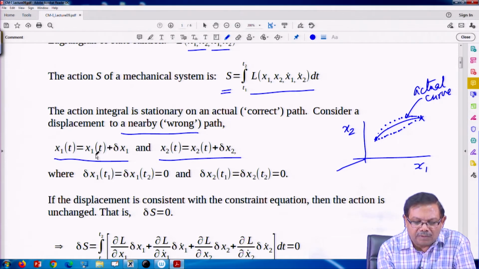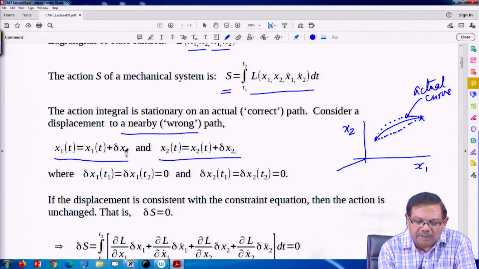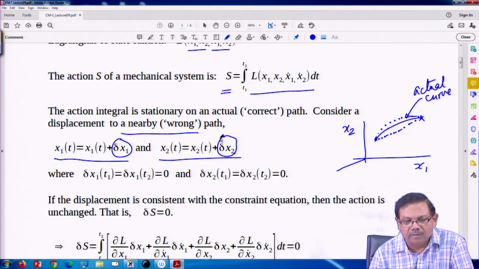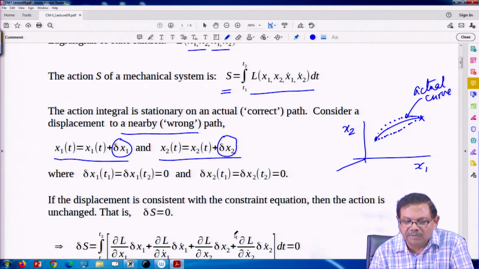So, x 1 and x 2 are for the actual curve, and delta x 1 and delta x 2 are the displacements from the actual one. So, what is the criterion we require in this kind of system, or Hamilton's principle?